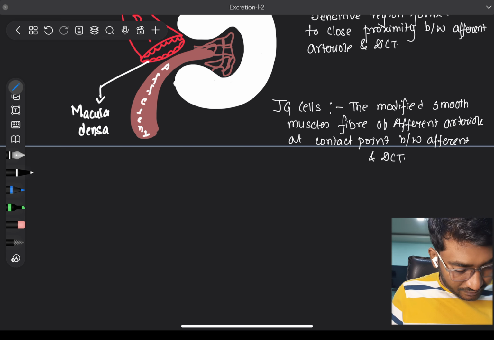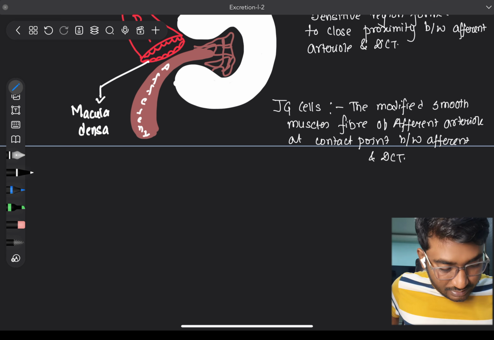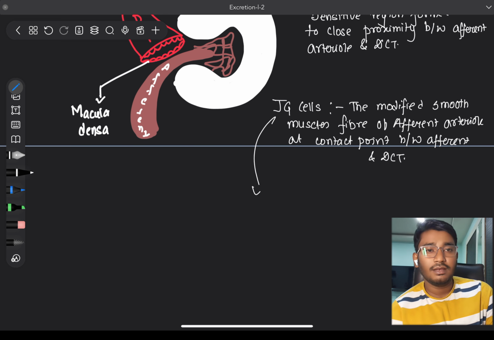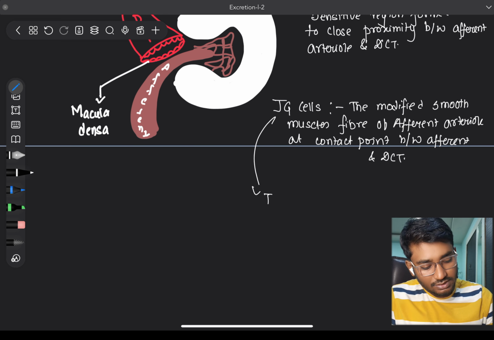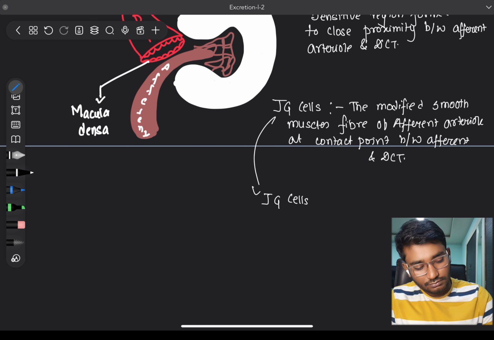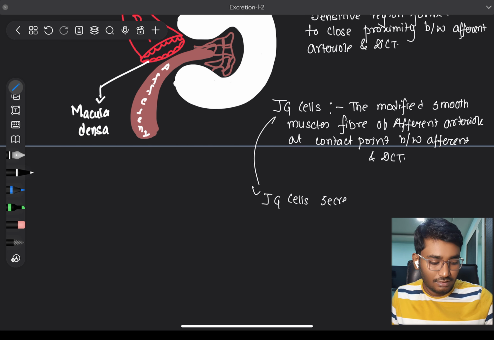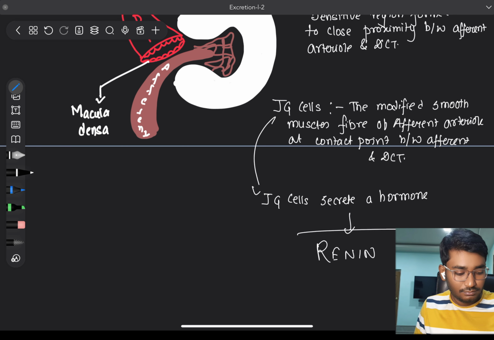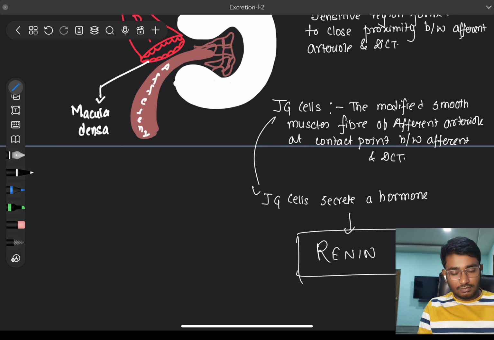The JG cells secrete a hormone called renin. This question comes in the examination.